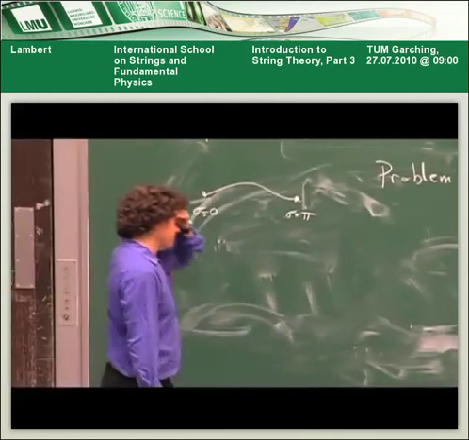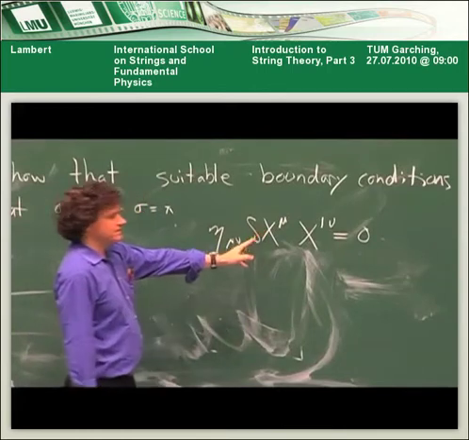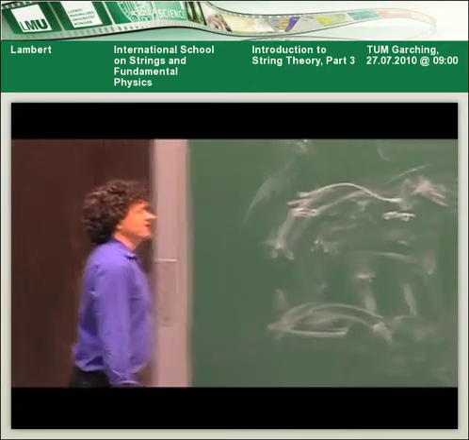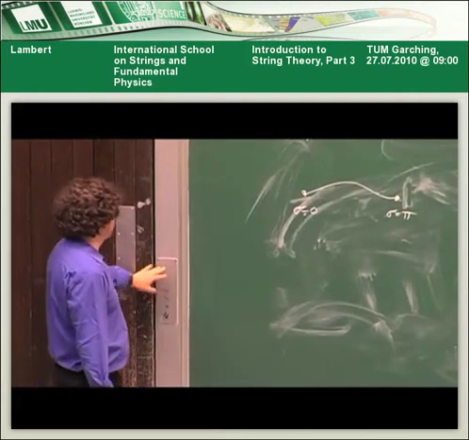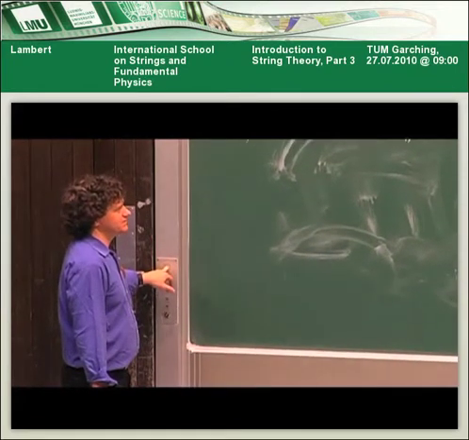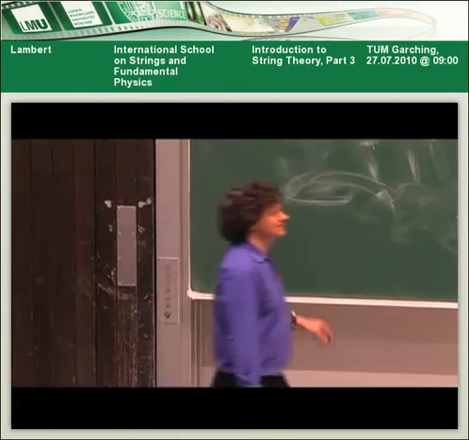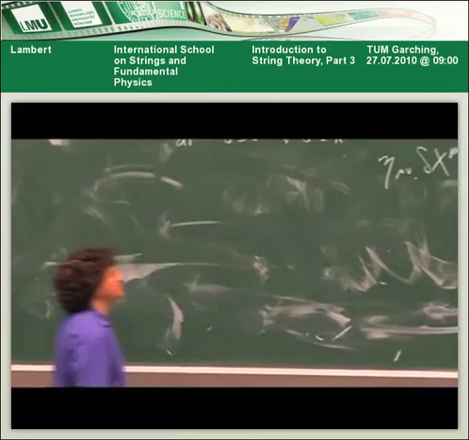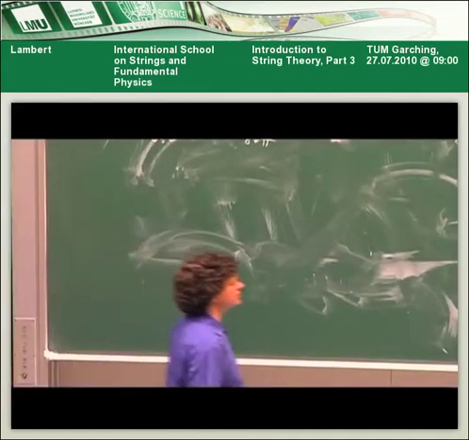For many years, people refused to set Dirichlet boundary conditions because that meant the string endpoint didn't move, so it had to be attached to something, which was clearly a ridiculous idea. Some people were literally laughed at conferences for suggesting similar things. But then Polchinski came around and told us that absolutely you must consider D-branes. That's to be done in the D-brane course, so I'm not going to touch that. I'm just going to do good old-fashioned Neumann boundary conditions.